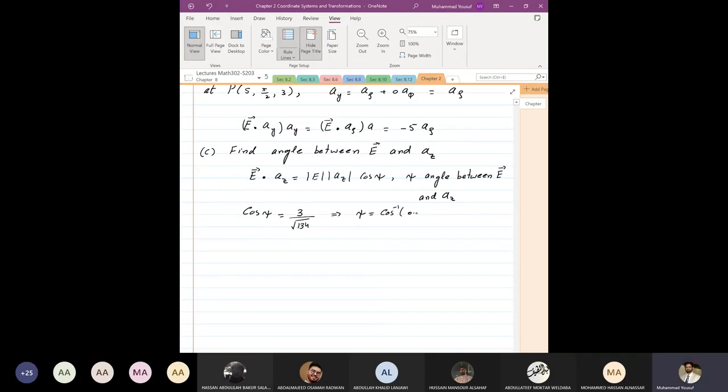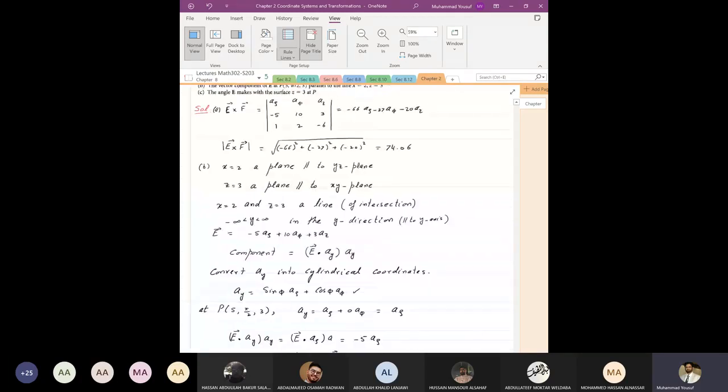This is 0.2592, and when we compute this and convert into degrees, we get 74.98, and this step you can do by your calculator. That is not difficult.